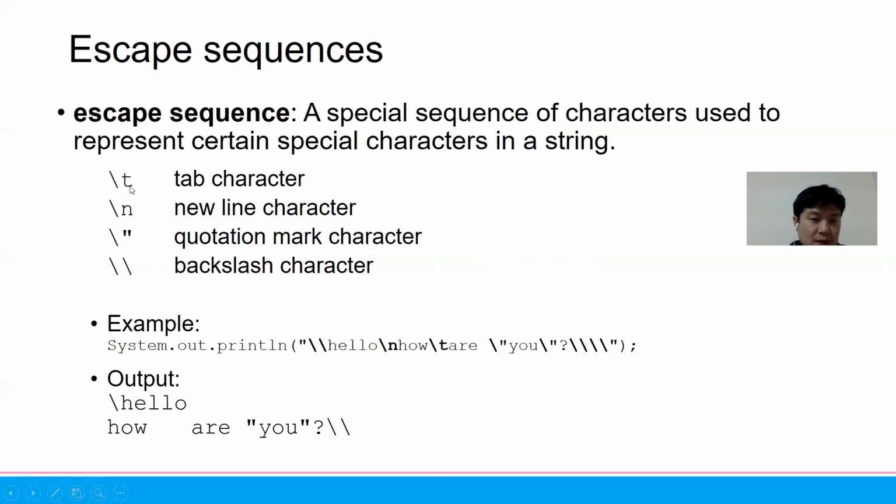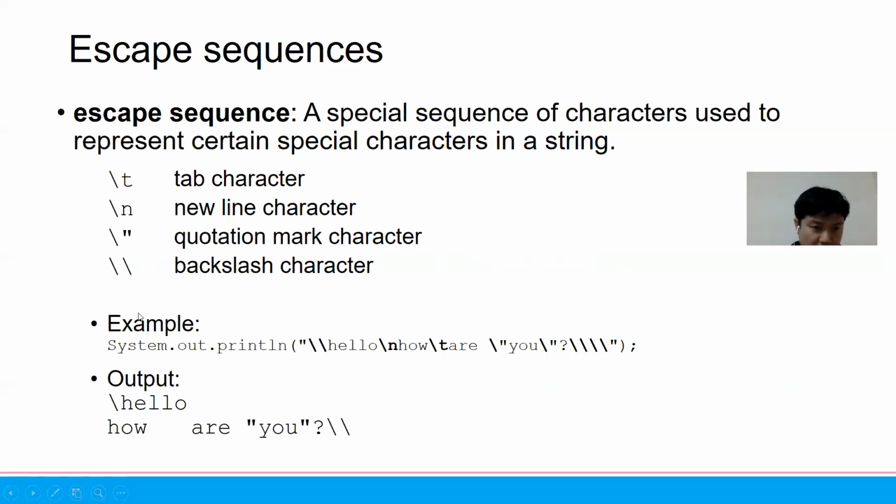Backslash t is a tab character. Backslash n is a new line character. Backslash double quote is a quotation mark character. And double backslash is the backslash character. The character means only one single symbol.